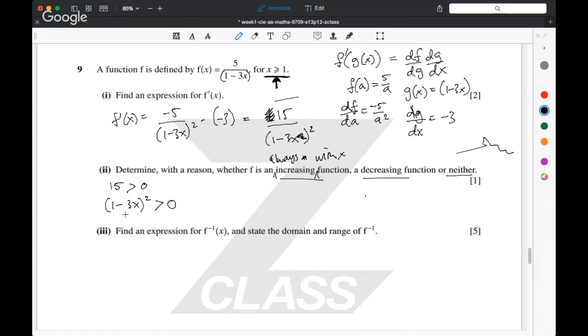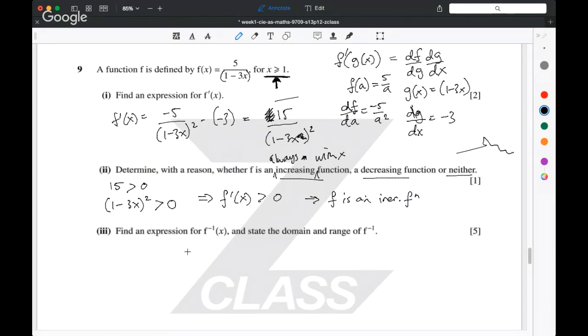So the only time that this could be 0 would be if x was equal to a third, but it cannot be. So these are always going to be greater than 0, and this implies that f prime of x is greater than 0 always for any value of x that's allowed. Well, that's great. So that means that f is an increasing function.